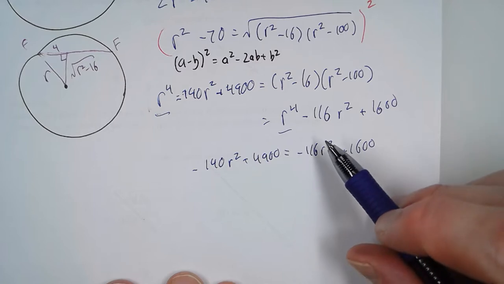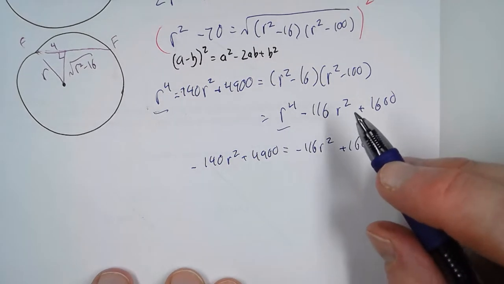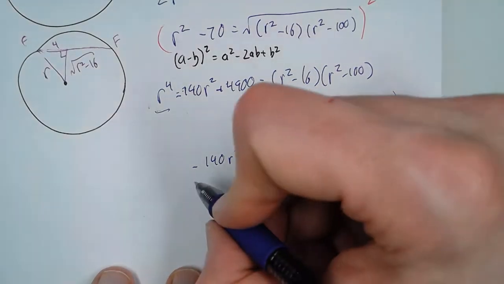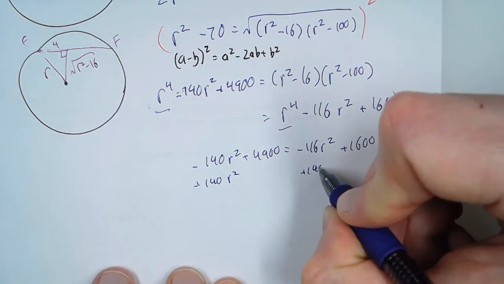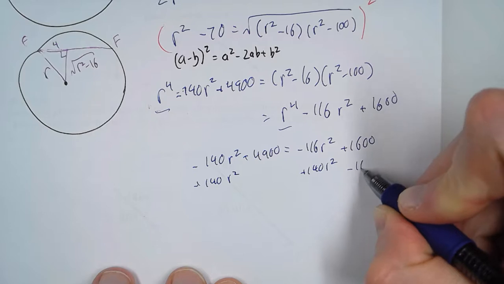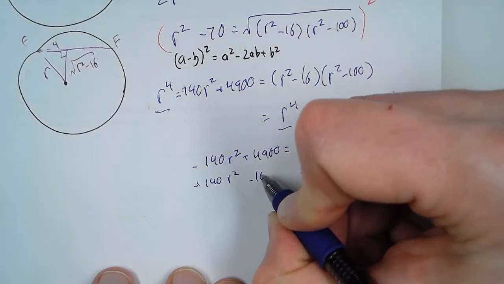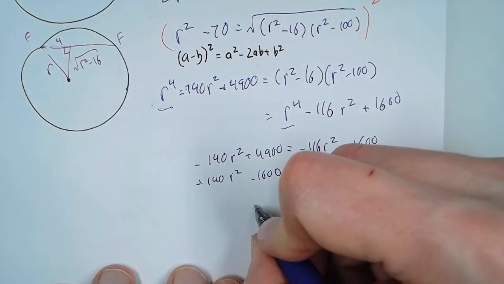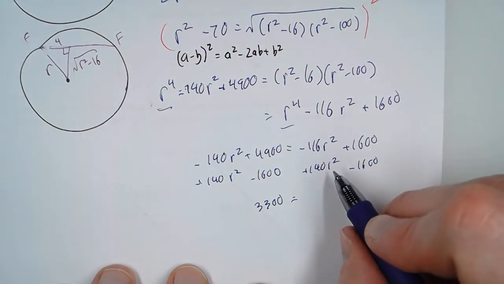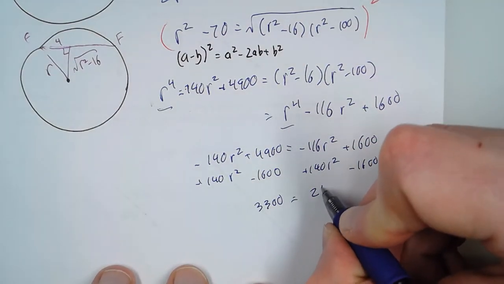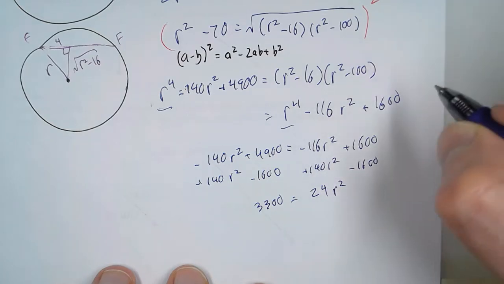So we want to get r squareds on one side. So I'm going to add 140 r squared to both sides. And I'm going to subtract 1600 from both sides. So we have 3300 equals, that's going to be positive 24 r squared.